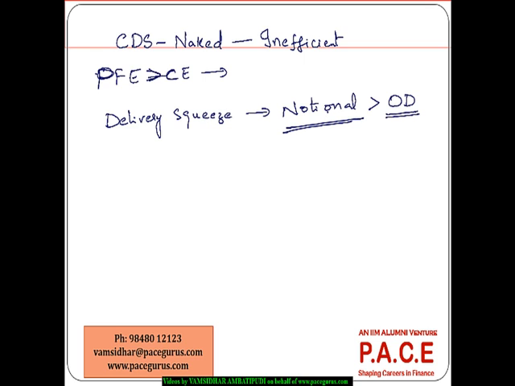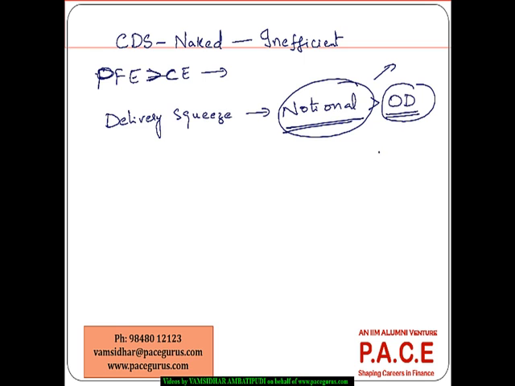The amount of notional that I have to deliver could be much higher compared to that of the outstanding debt. Now this is what we reference as a delivery squeeze. So what could happen in this case? I am delivering a notional which is much higher compared to the outstanding debt.